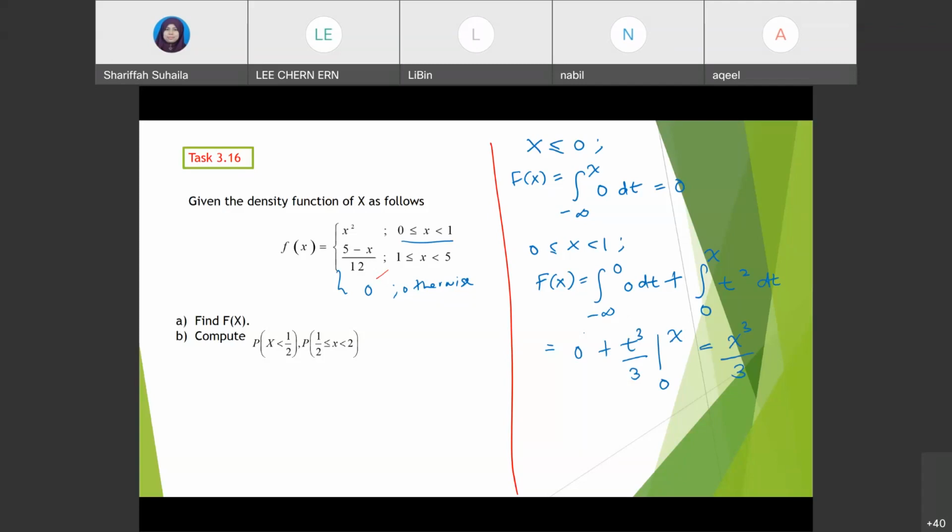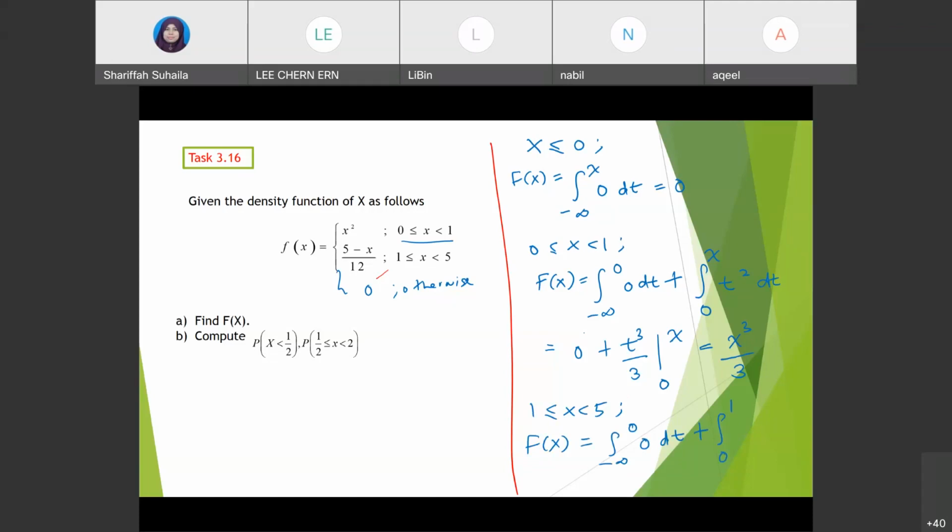Okay. So now kita consider pula antara 1 hingga 5 ni. Okay. So again, 1 less than x less than 5. Okay. So your capital Fx. So kita ambil balik minus infinity up to 0, 0 dt, plus 0 up to 1.